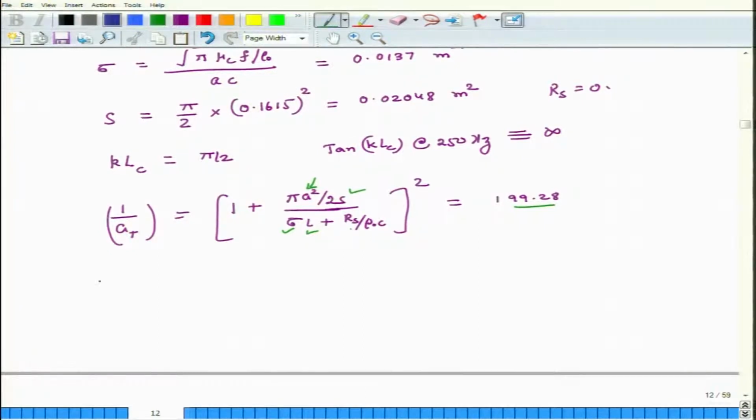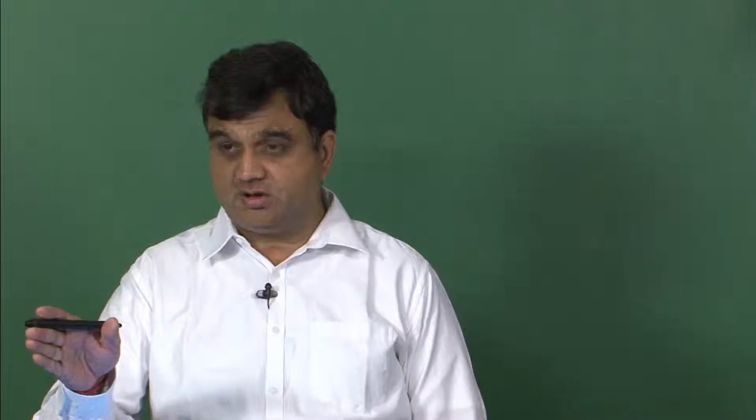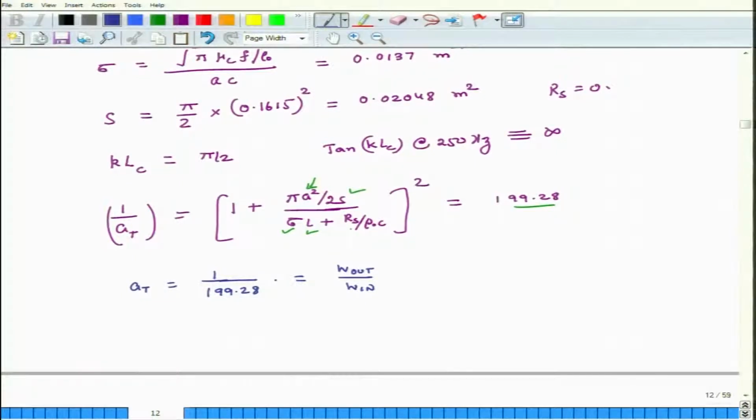Or you can say that AT equals 1 over 199.28. And remember, AT is equal to W out divided by W in. So, what this tells us is that if 199.28 watts of sound energy is going into the tube at 250 hertz, only 1 watt is coming out.